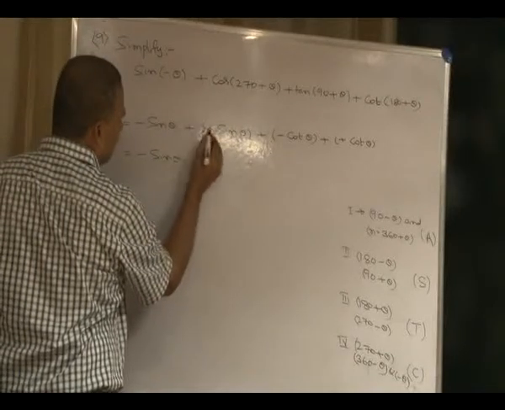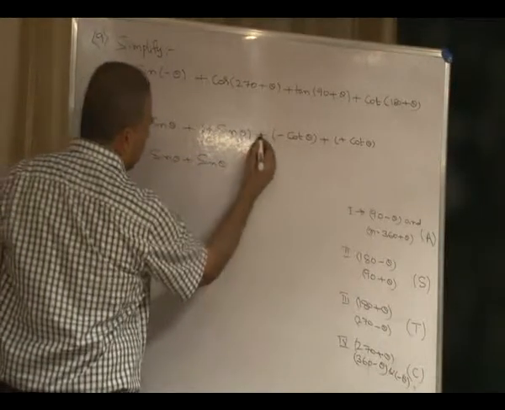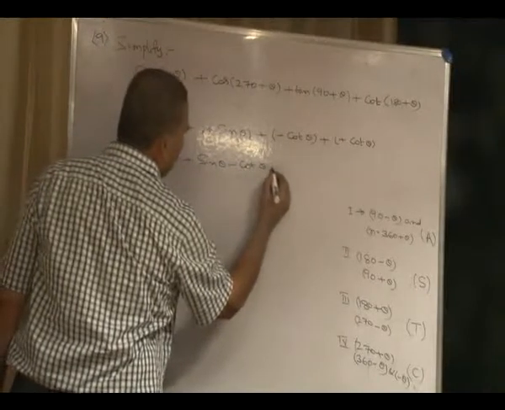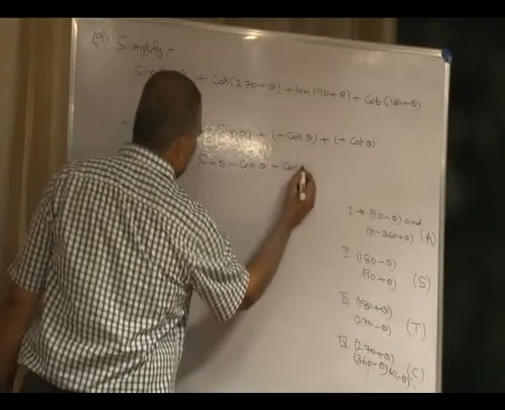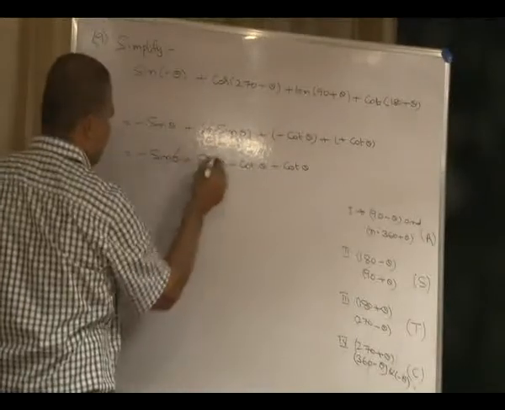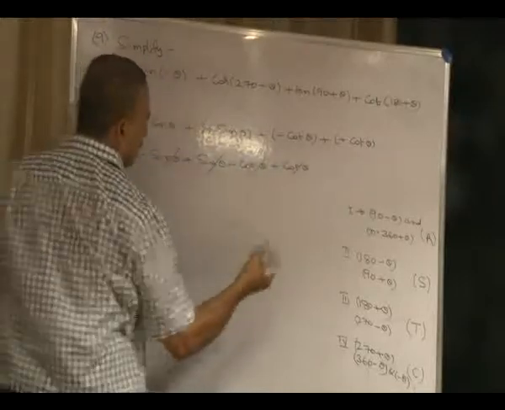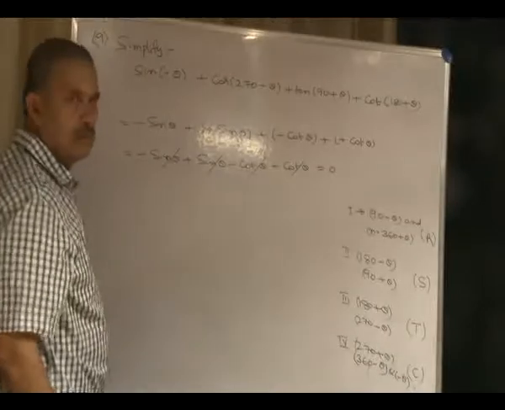This is a plus into plus is plus sin theta, that plus into minus is minus cot theta, plus into plus is plus cot theta. Minus sin theta plus sin theta cancel, minus cot theta plus cot theta cancel. The value of the given problem is 0.